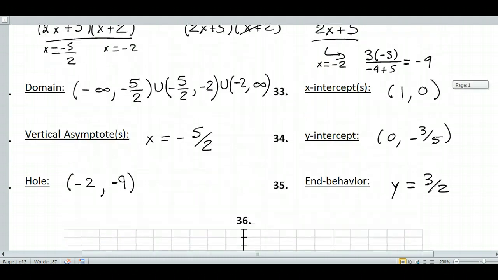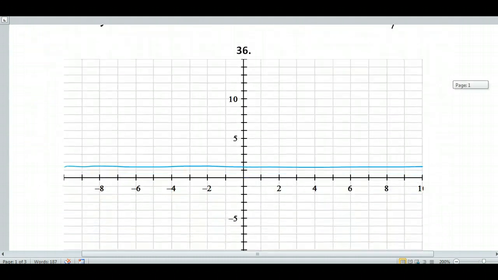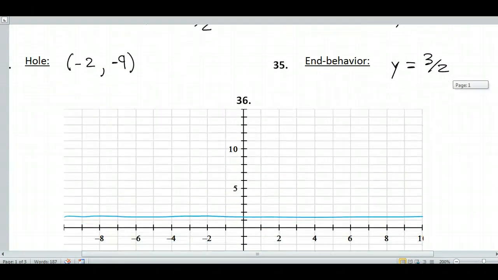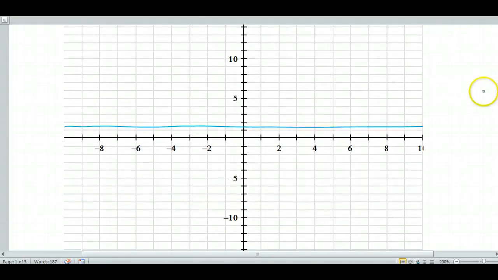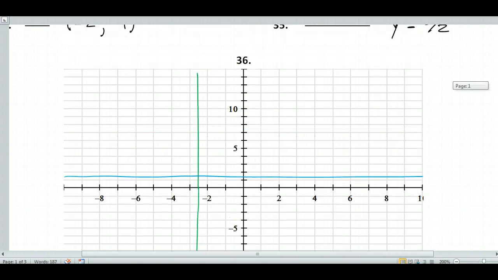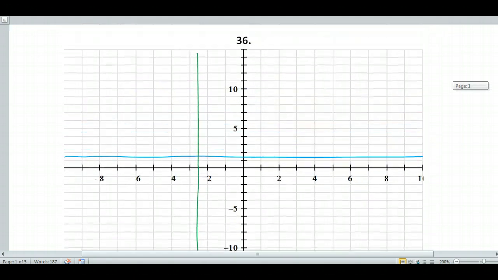All right. Vertical asymptote: x equals negative 5/2. I wish I had some lines on the paper here. There we go. Okay, negative 5/2. All right.